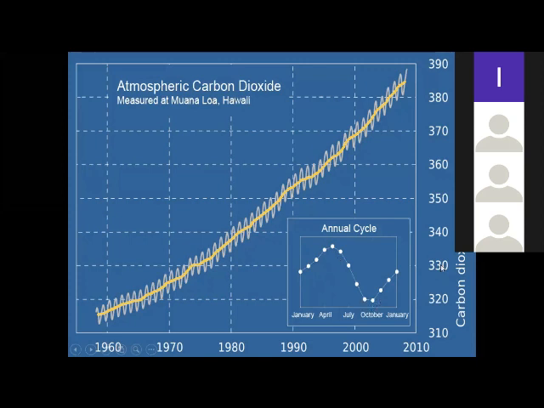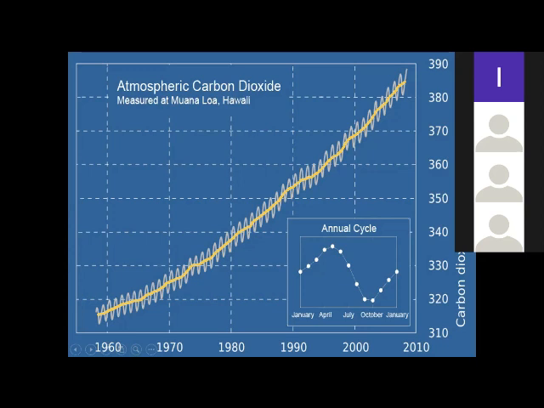And when winter comes, it increases again. So that's the summer-winter cycle, and even though the cycle is there, the increase is steady. By 2010, of course, it is more than 400 parts per million. This is from the Mauna Loa measuring station in Hawaii. I have worked there for some time, so I'm very keen to show you this.